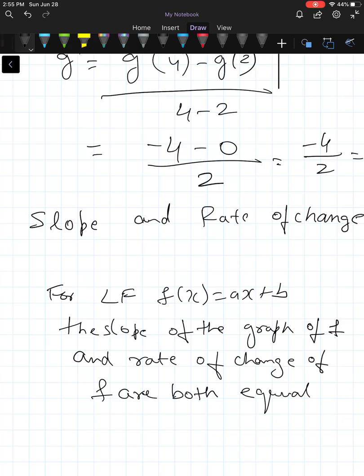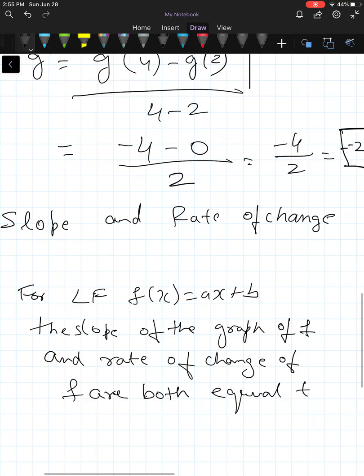So that is what I stated or explained to you as I solved the previous problem. Equal to a, that is the coefficient of x.